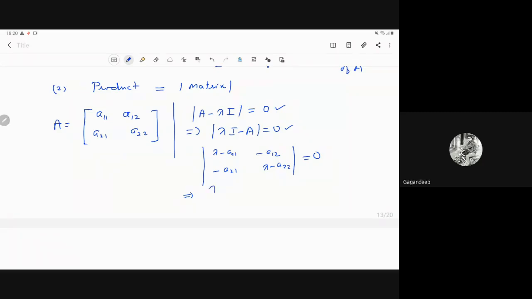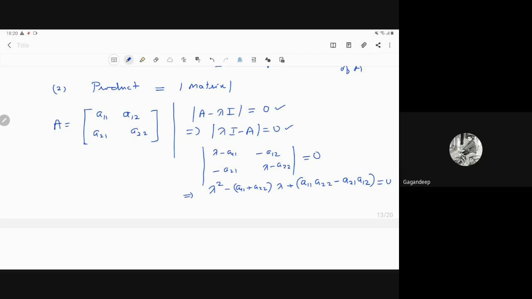You get lambda square minus (a11 plus a22) times lambda plus a11 a22 minus a21 a12. Check whether I've written correctly. Is it correct? Yes.